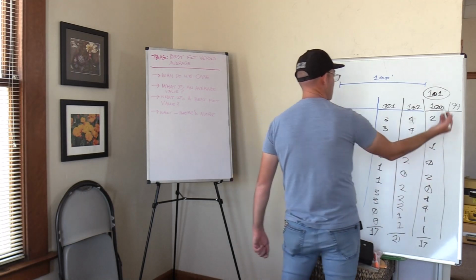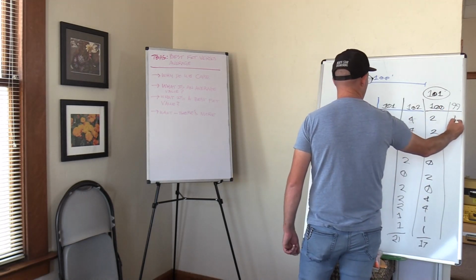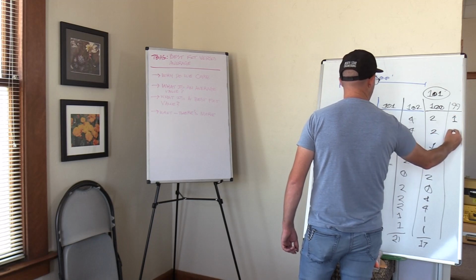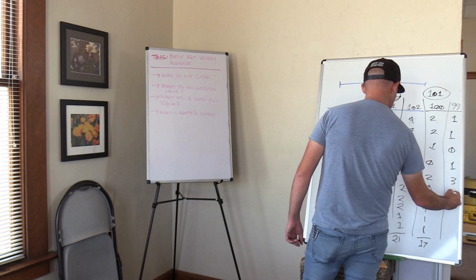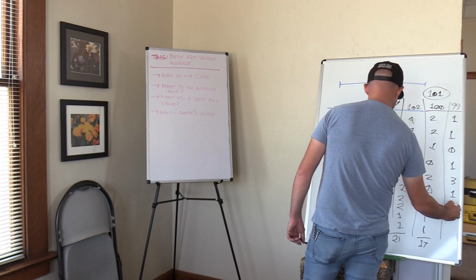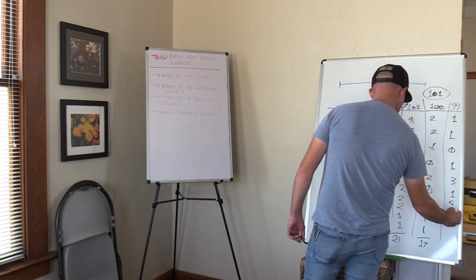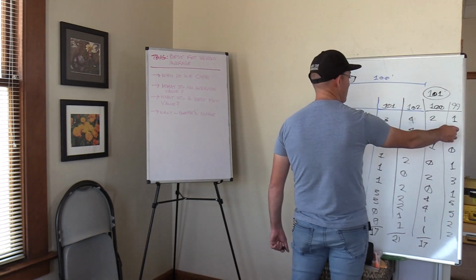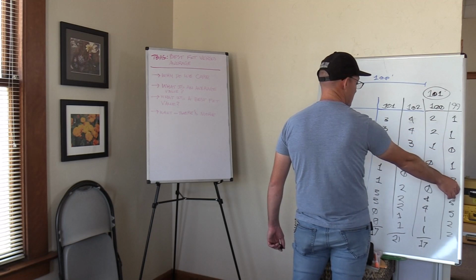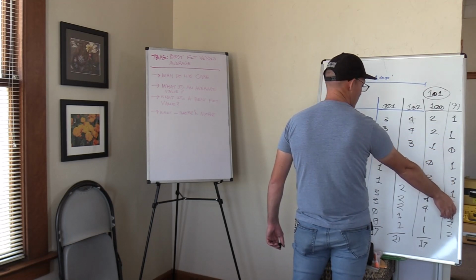Okay, so let's just try 99 as our best fit. So we got 1 for our residual. 1, 0, 1, 3, 1, 5, 5, 2, 2. Okay, add those up. We got 1, 2, 3, 6, 7, 12, 17.